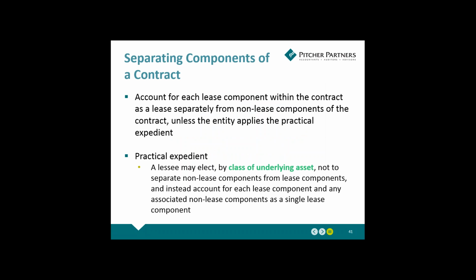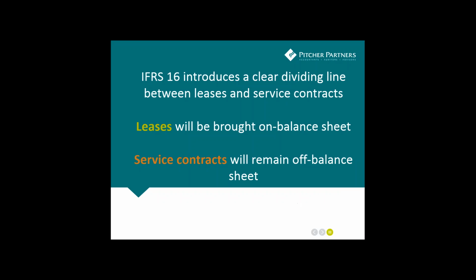The lessee may elect, and this time by class of underlying asset, not to separate non-lease components from lease components, but instead to keep the whole thing together and to disclose it as a single lease. So the standard says you have to separate a contract into lease components and non-lease components and account for them separately, but you could, and you've got this decision by class of underlying asset, keep it together as a single lease component.